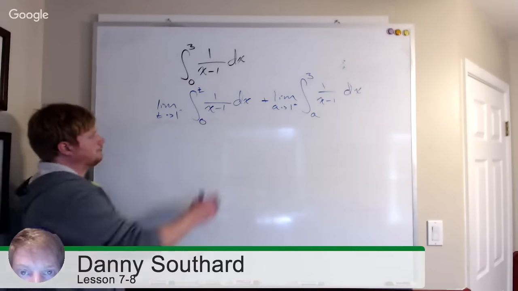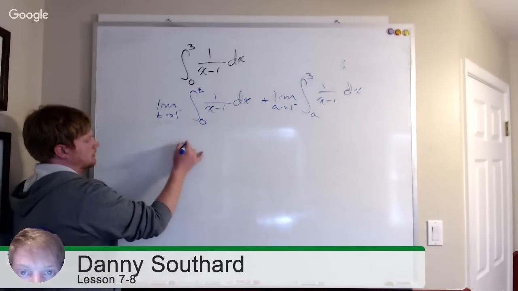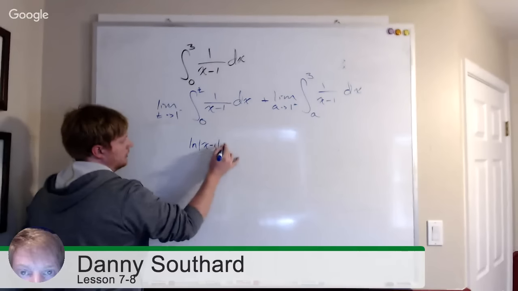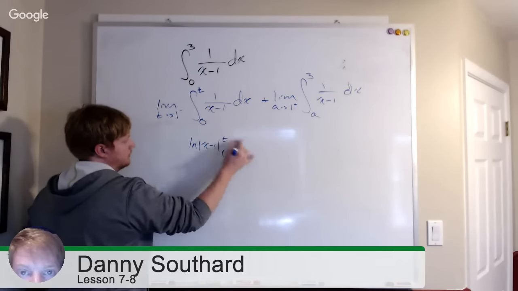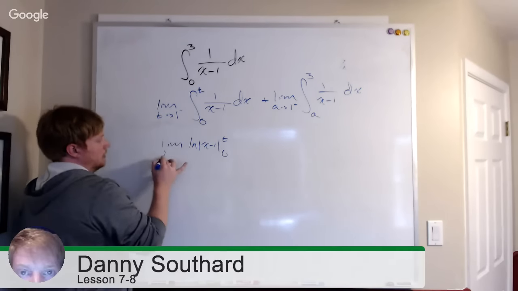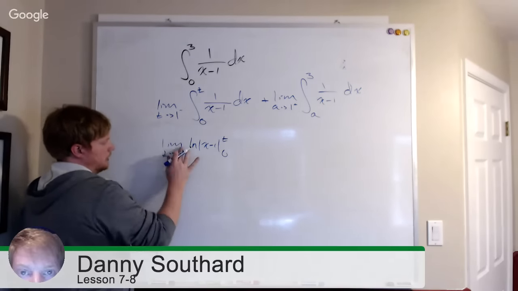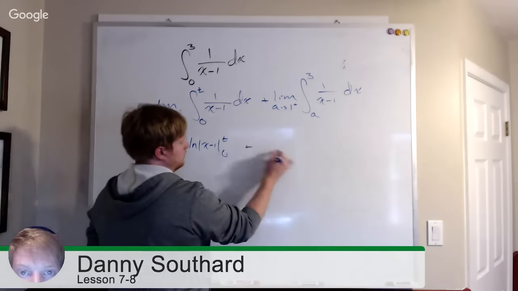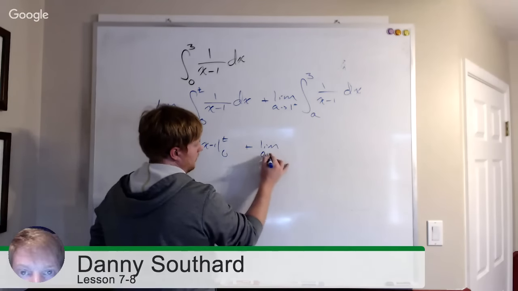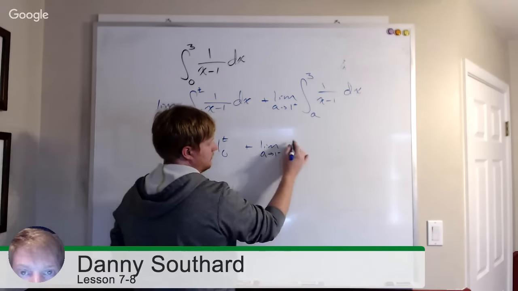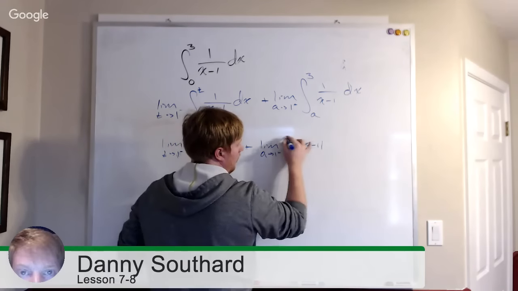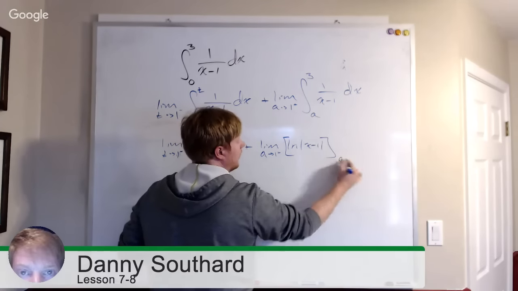All right, so we get the natural log of x minus 1 from 0 to t. Limit as t approaches 1 from the negative direction, plus the limit as a goes to 1 from the positive direction of natural log x minus 1 from a to 3.